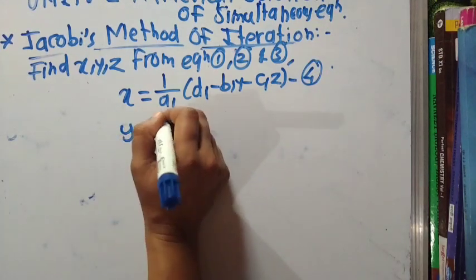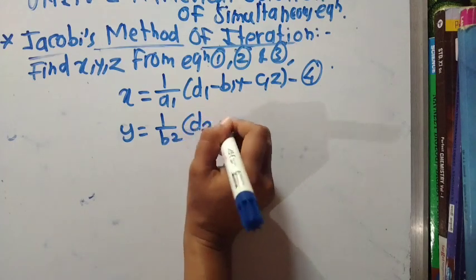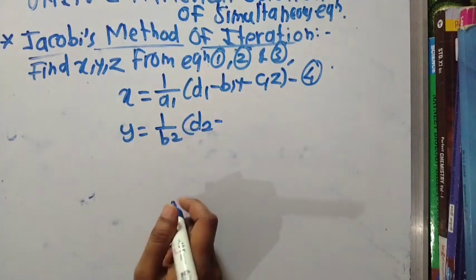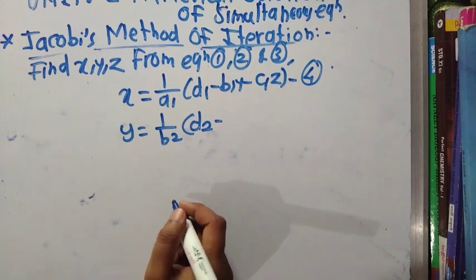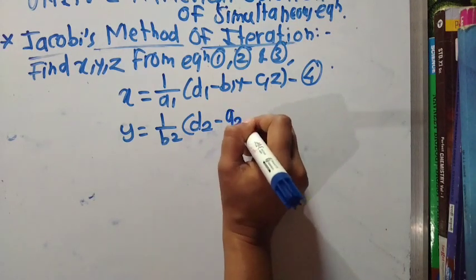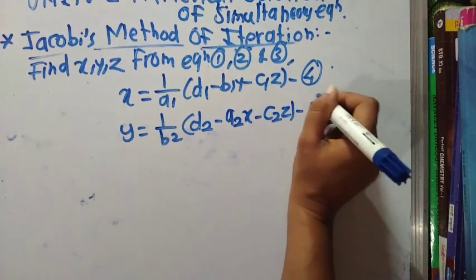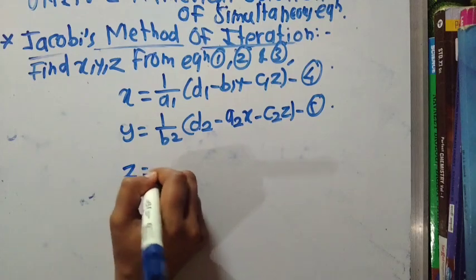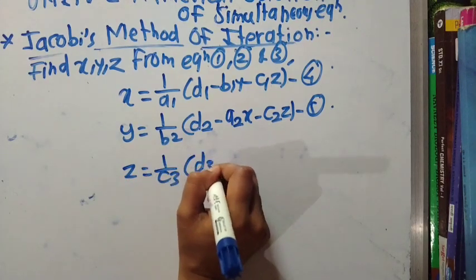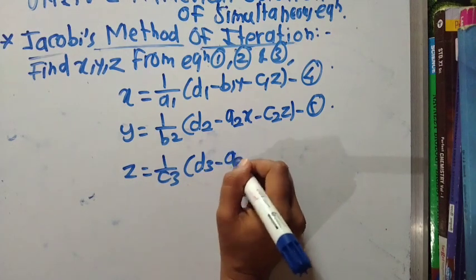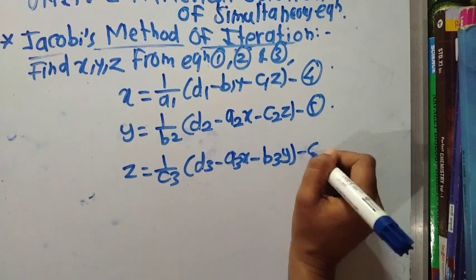Then y is equal to 1 divided by b2 (d2 minus a2x minus c2z). These are the fourth equation, and z is equal to 1 divided by c3 (d3 minus a3x minus b3y).